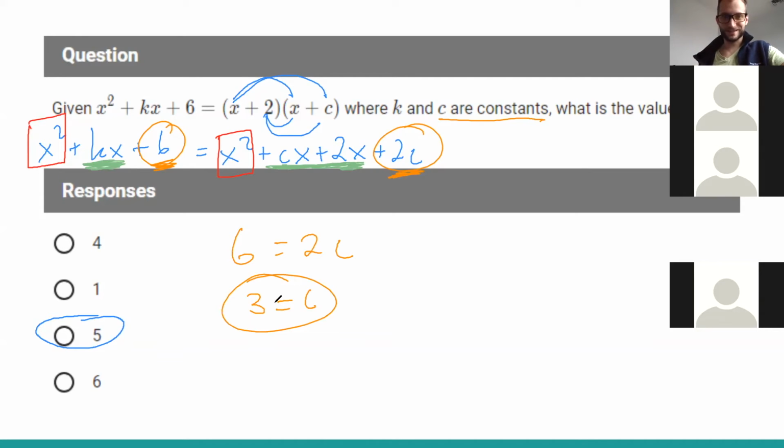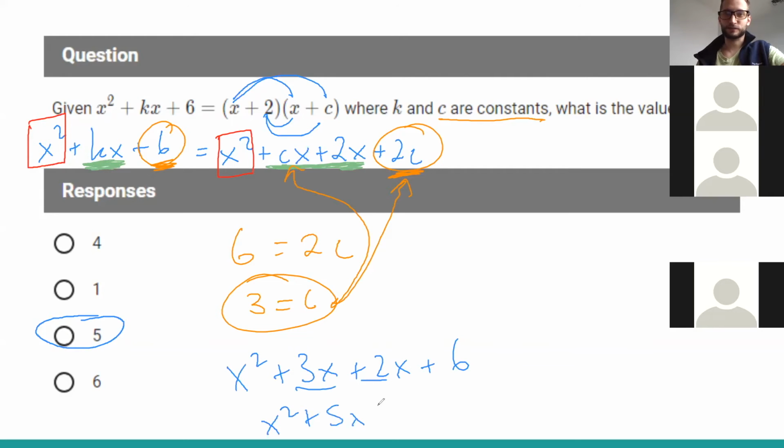Once I figure out that c is 3, I can plug that back in, which results in x squared plus 3x instead of cx, plus 2x plus 6. 3x plus 2x gives me x squared plus 5x plus 6.